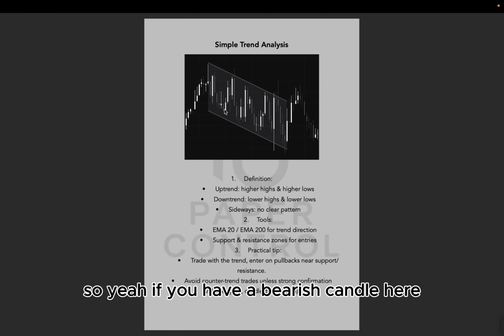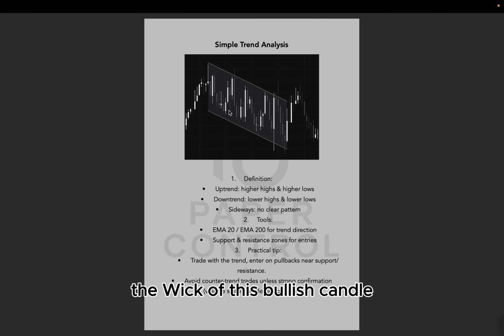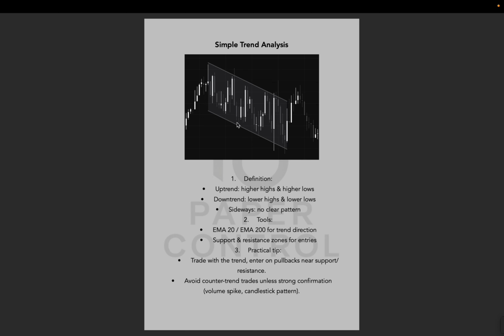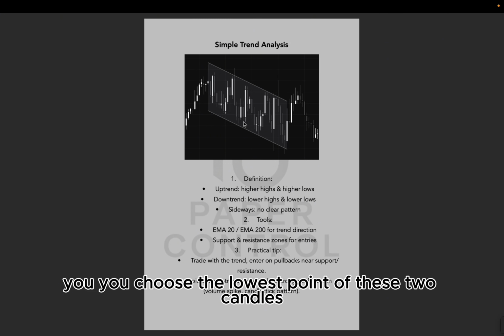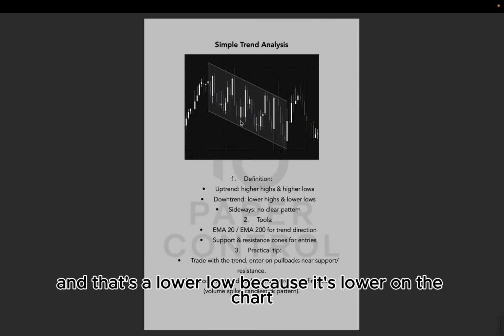If you have a bearish candle and the next one is a bullish candle, then this point right here, the wick of this bullish candle, is your low. Then you search for the next low. Again, bearish candle, bullish candle, and here is your low. You choose the lowest point of these two candles. That's a low, and that's a lower low because it's lower on the chart.